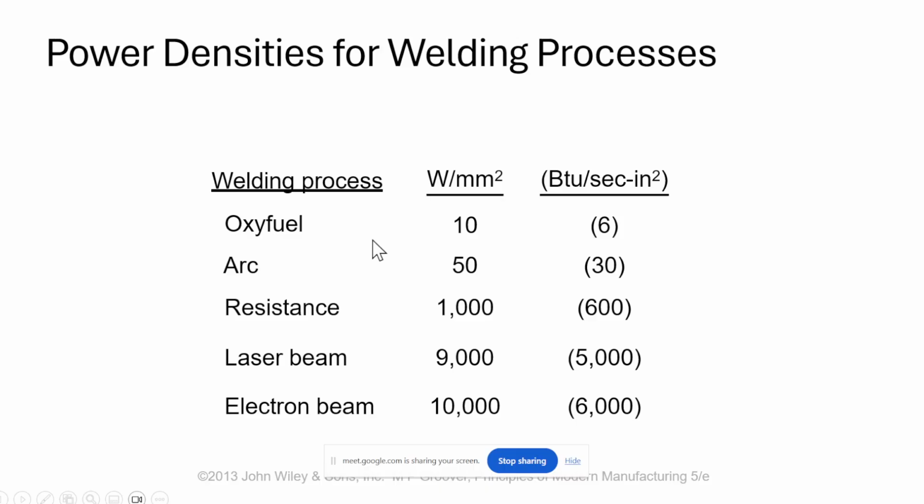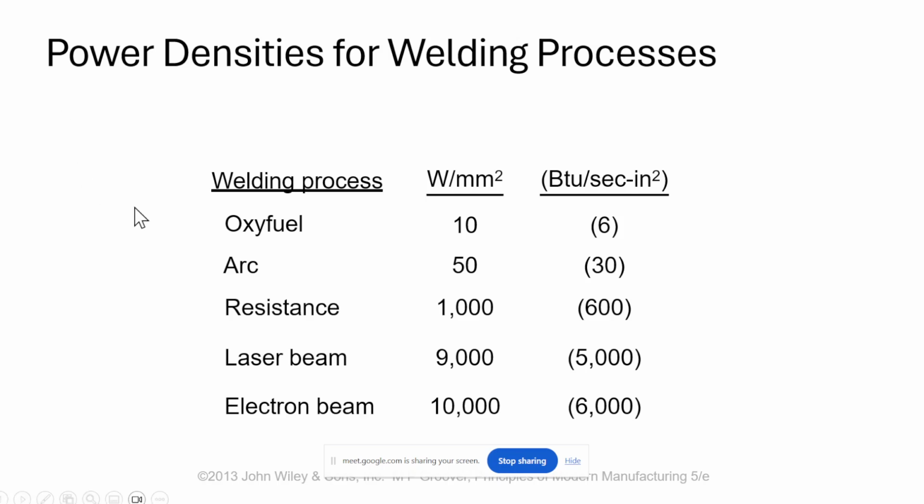In the case of gas welding, we see oxy-fuel. In that case, power density is less. When we go for arc welding, resistance, laser beam, electron beam welding, power density increases. What it signifies is that if the power density is less, the heat affected zone region will be much higher.